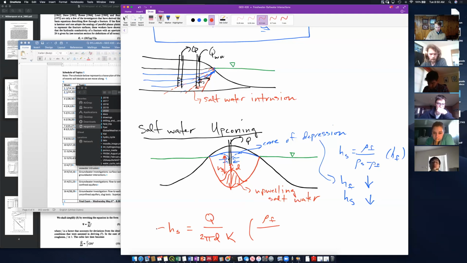So this is upconed, and this is original depth.